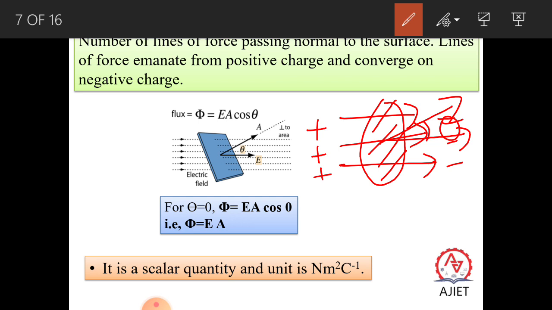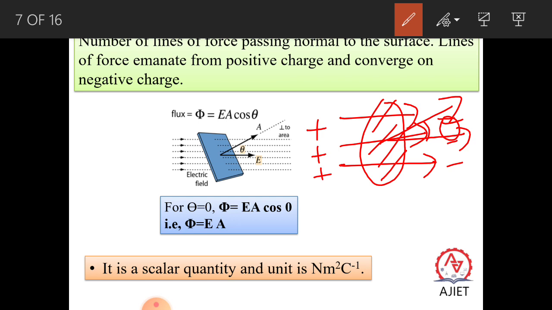So for theta equal to 0, phi is equal to EA cos theta, that is phi is equal to E into A. Electric flux through the elementary area S in an electric field can be written as phi is equal to EA cos theta, where theta is the angle between the normal drawn to the surface and the electric field.